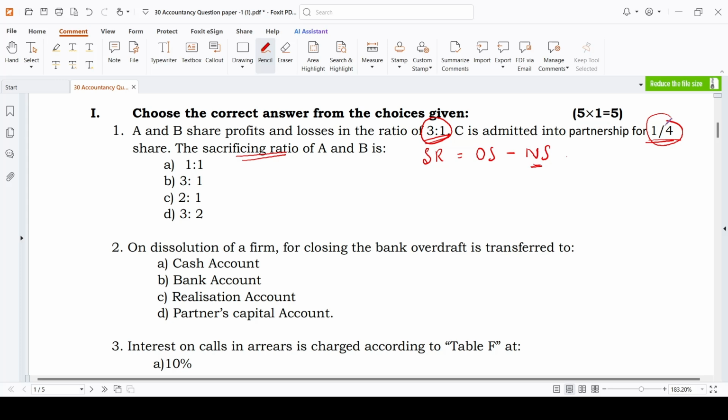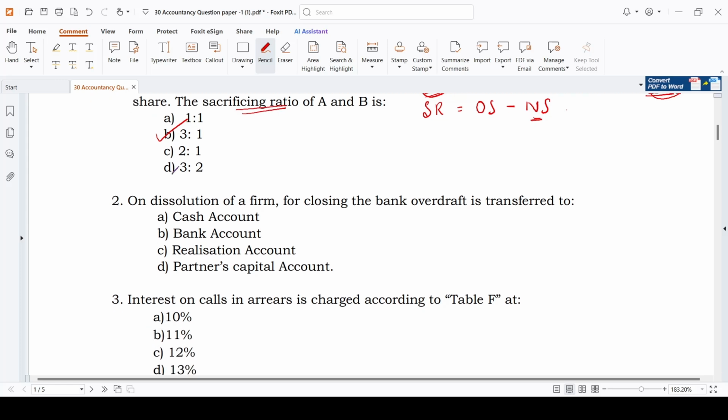Understand? Only OPSR is given and the new partner's share is given, then OPSR itself will be treated as the sacrifice ratio. So the answer is 3:1.